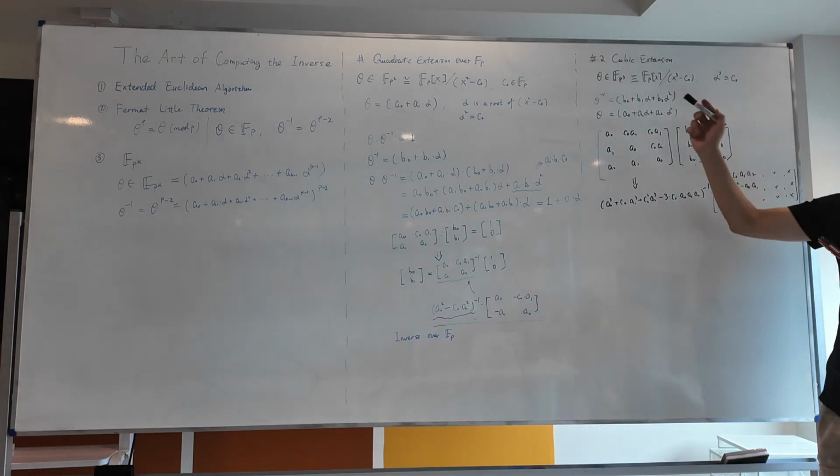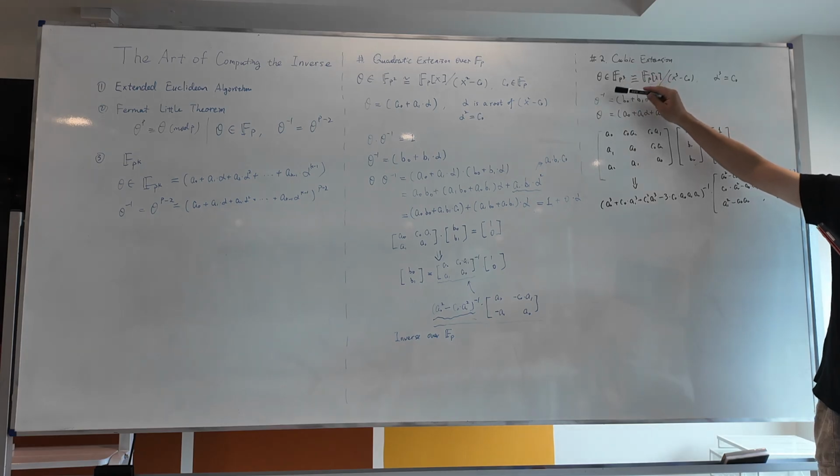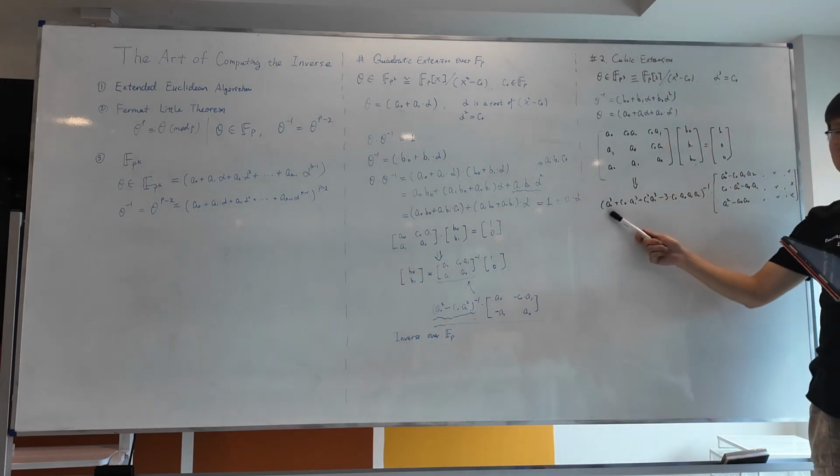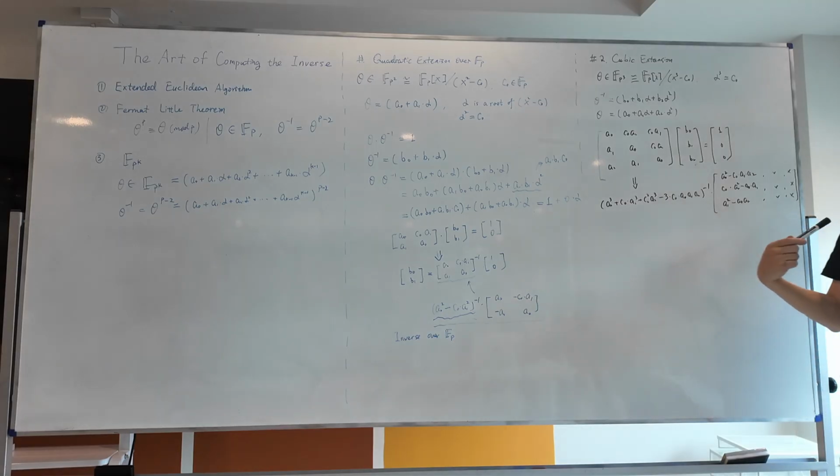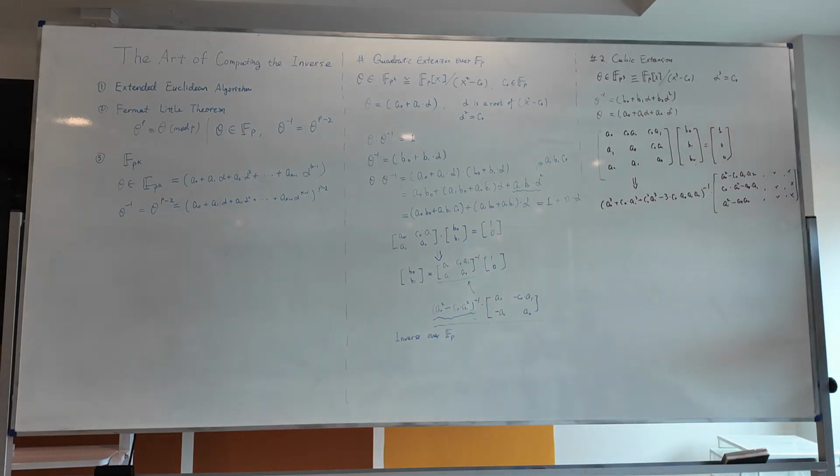Still, we reduce the inverse of an extension field element to the inverse of some element from the base field. I won't show you the quartic case. Yes, we always assume this matrix is reversible.